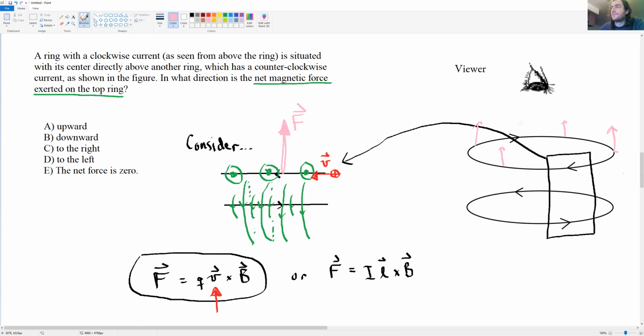Okay. So the answer here is answer A. Any questions about that? Give you a couple of seconds to think.